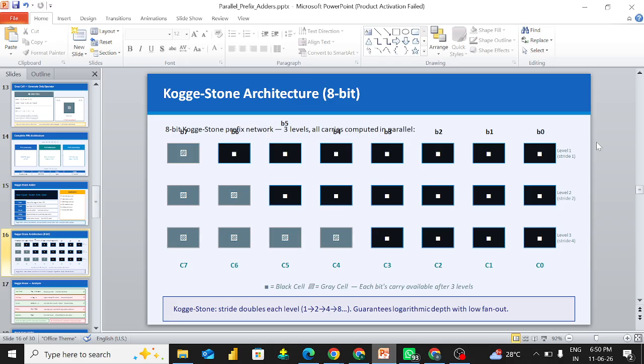If you keep on going and apply a black cell, so 0 to 2, you will get something like this.